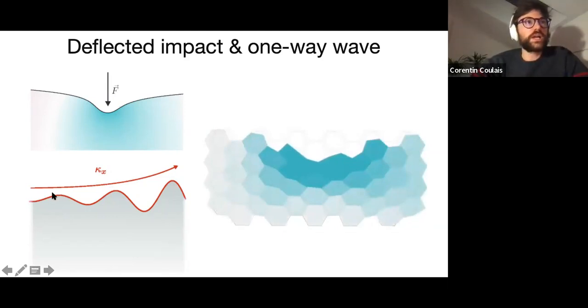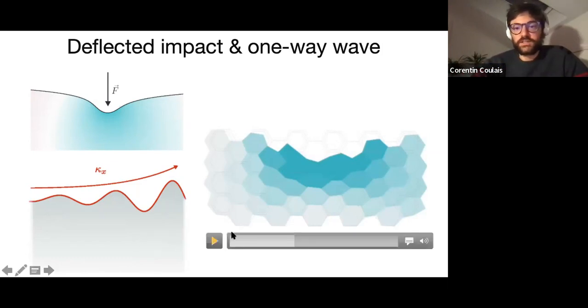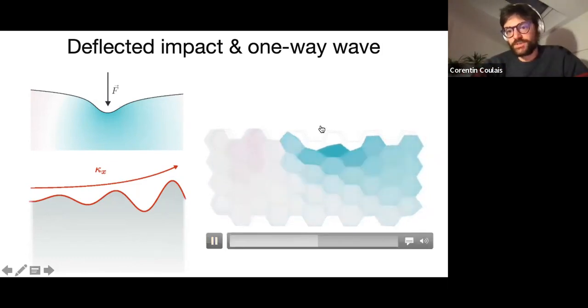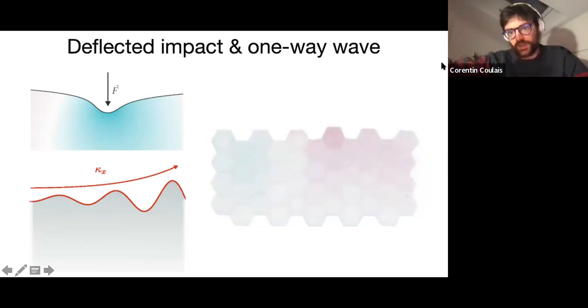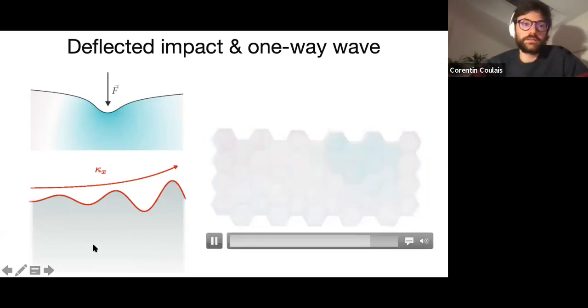And you can also look at Rayleigh waves. So, Rayleigh waves are waves at the surface of a half-infinite medium. And so interestingly here, the Rayleigh wave will also have a skin effect. So they will also be skewed towards one direction. And that's what you see here at the end. You see that the wave tends to be localized rather on the right, right?